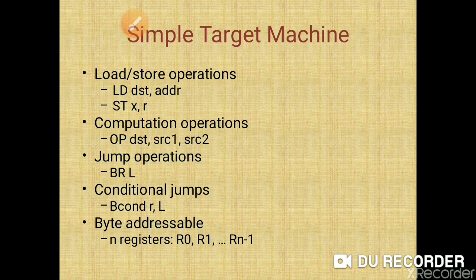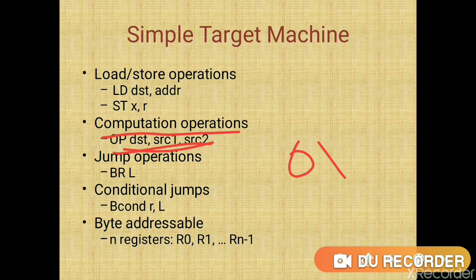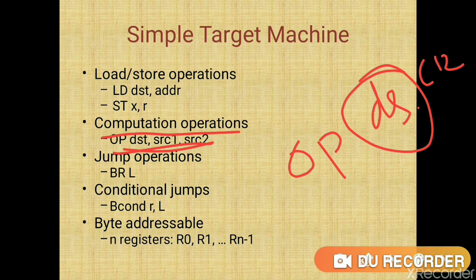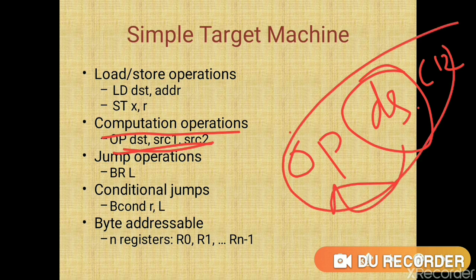Next, another kind of operation is the computation operation, and its general format is OP destination, source 1, source 2. Whatever operation we perform on source 1 and source 2, the result is copied to the destination. That is the normal computation operation.